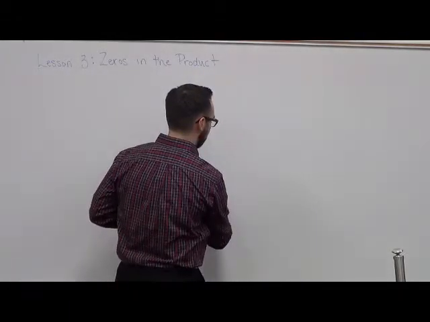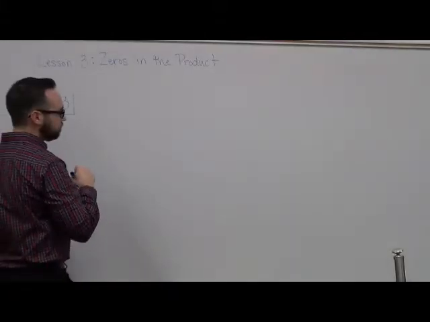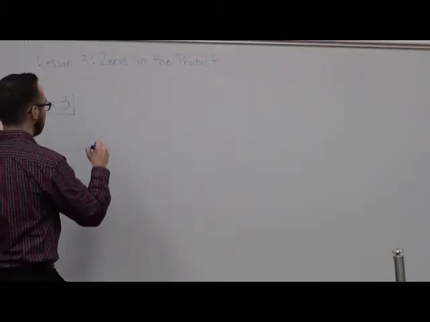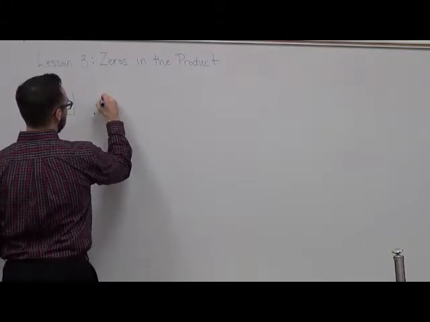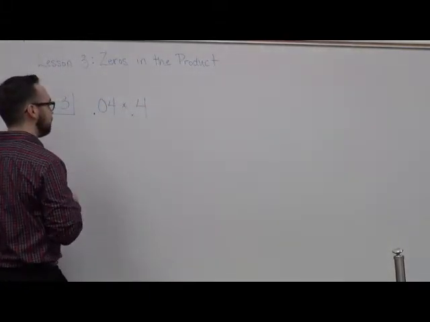So now I'm going to go ahead and give you 2 examples. Again, this is going to be a real short video. I'm not going to spend a lot of time on this because I think you guys are capable. So let's give you 2 more examples. That'll give you guys some time to work on them. So we're going to have 0.04 times 0.4.